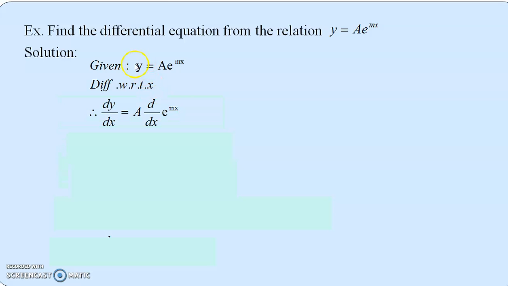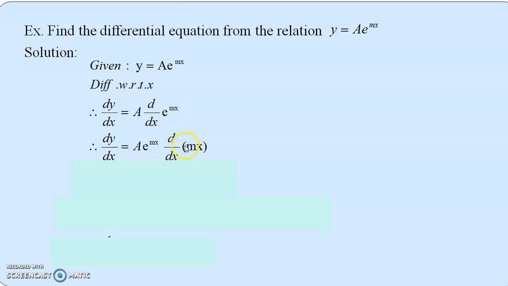So we get the derivative of y, that is dy by dx, is equal to a, the constant, as it is, times the derivative of e raised to mx, that is e raised to mx, and again take the derivative of mx. It is the composite function.